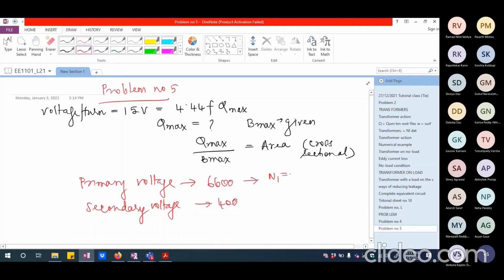So I can say N1 equal to 6600 divided by 15. Similarly, secondary voltage is given as 400. So 400 divided by 15. Please round it off to closest bigger integer. Always round it off to the bigger integer, not the smaller one. Okay. So this is going to be the number of turns in the primary and secondary.